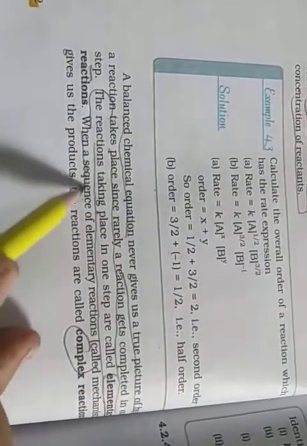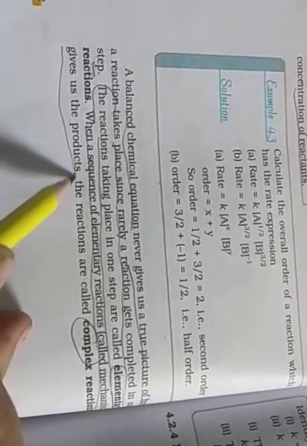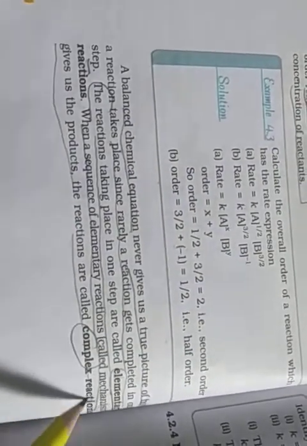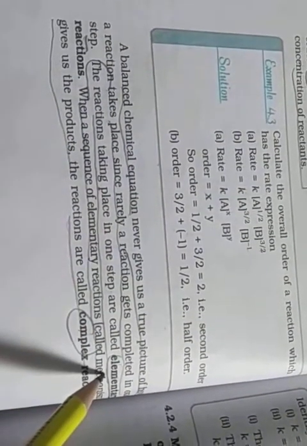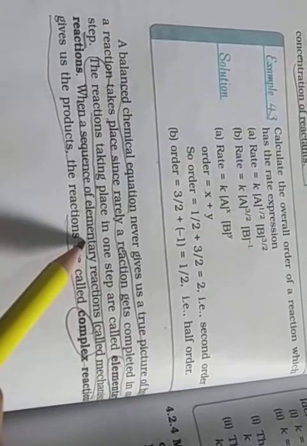When a sequence of elementary reactions, called a mechanism, gives us the product, the reaction is called a complex reaction.